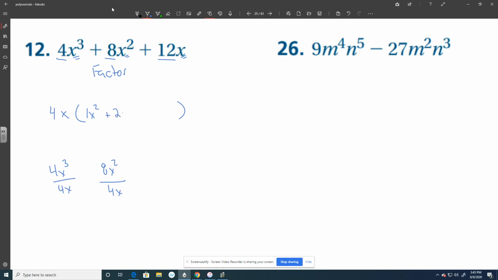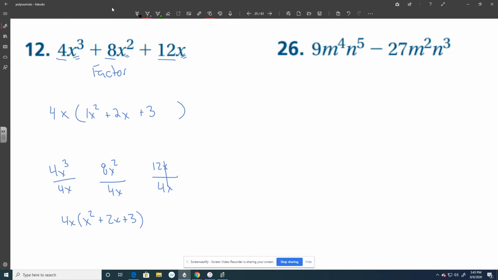X squared divided by x is just x. Now I need to take the 12x and divide 4x. 12 divided by 4 is a positive 3. X divided by x, those cancel. So this is going to be my final answer. 4x on the outside, and then 1x squared, which is just x squared, plus 2x plus 3 on the inside.